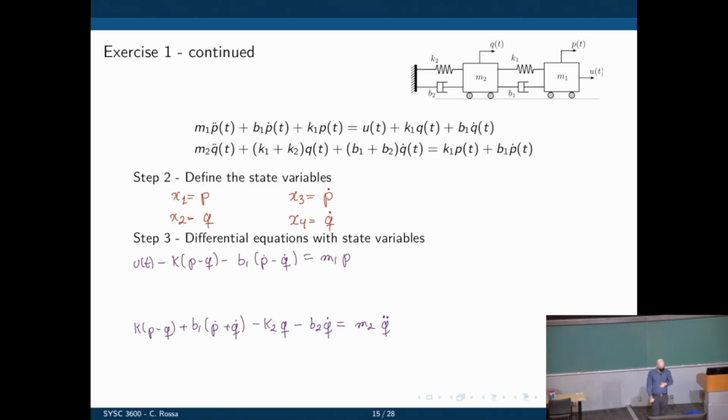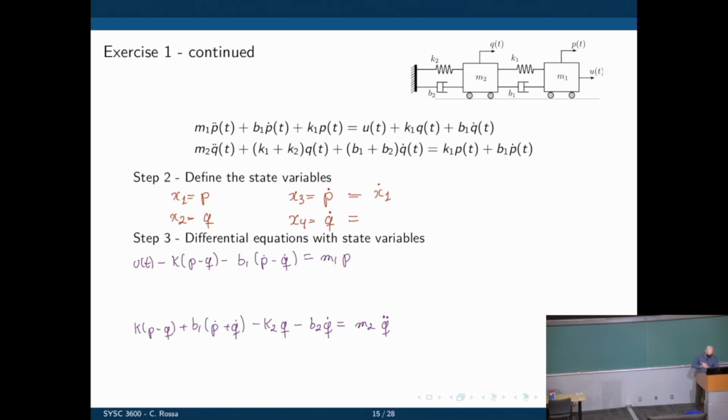Now, can we relate x1 and x3? What is the relation between x1 and x3? If x1 is P and x3 is P dot, then x3 equals x1 dot. Very good.